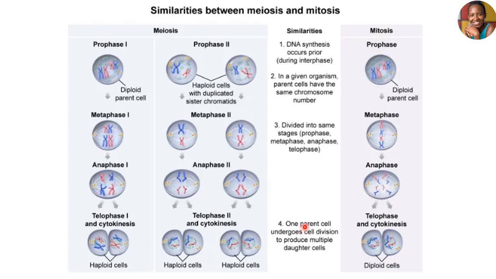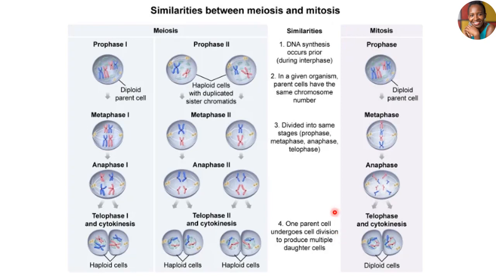And finally, similarity number 4 is that in these two processes, one parent cell undergoes cell division in order to produce multiple daughter cells. I want you to note the key thing here is multiple daughter cells, that both of them go through the cell division processes to produce multiple daughter cells. The only difference is the case of haploid and diploid, which we will see in the differences.